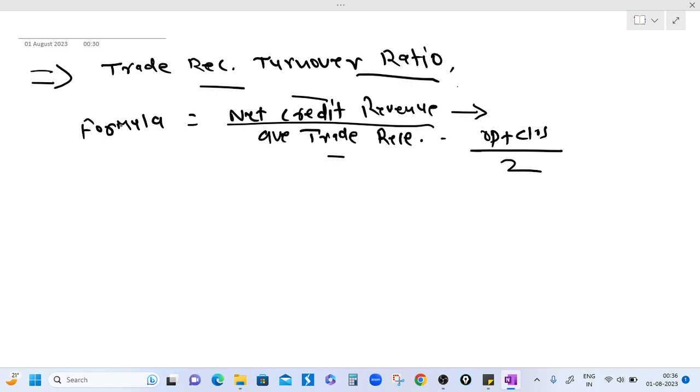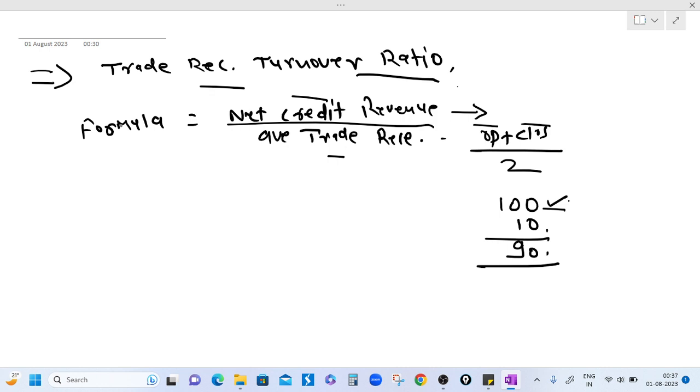But keep in mind that when you calculate opening receivable and closing receivable, these are the gross figures. Suppose in your balance sheet 100 is the receivable, while 10 provision has been made, so net receivable is 90. But at the time of calculating average receivable, you have to take this 100. In the similar way you have to calculate for the closing receivable also.